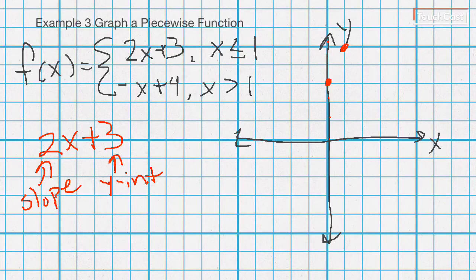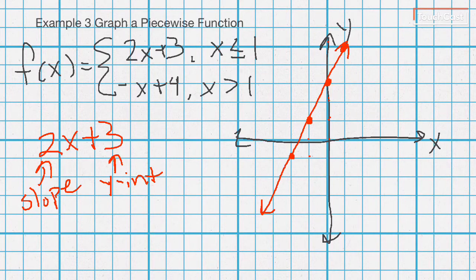Now I could keep going, but I don't want to go off my graph. So I could also go down 2 y units and left an x unit. And I can repeat that pattern until I have enough to connect my dots and make a line. Now I'm going to come back at the end once I get both of them graphed and erase some things.